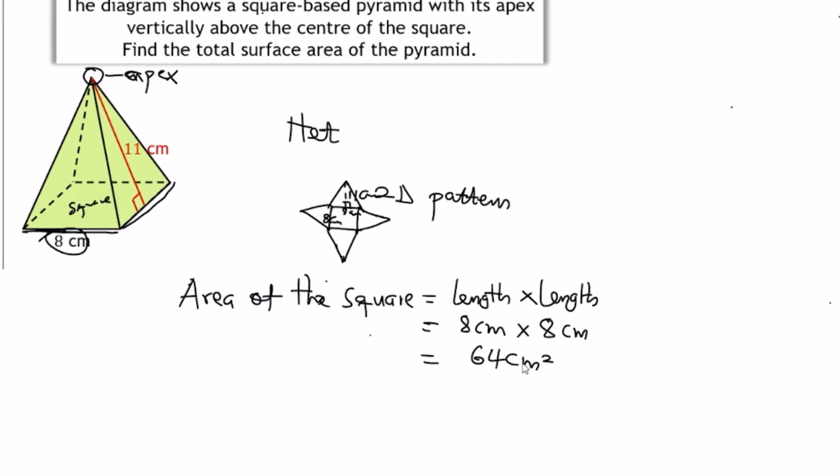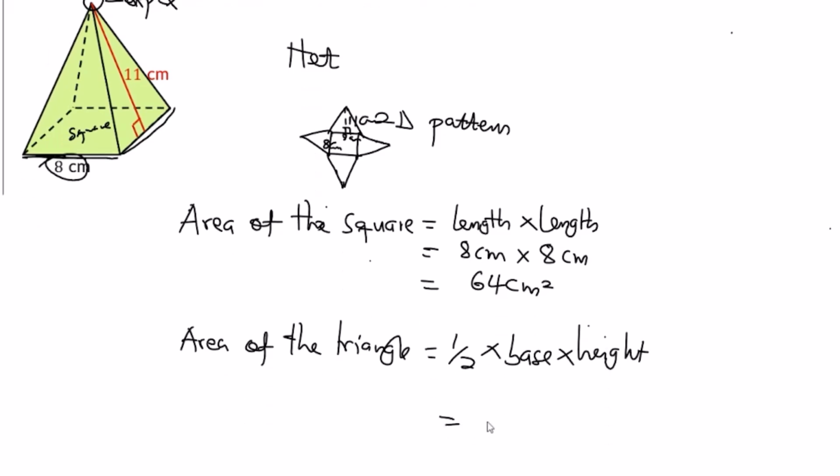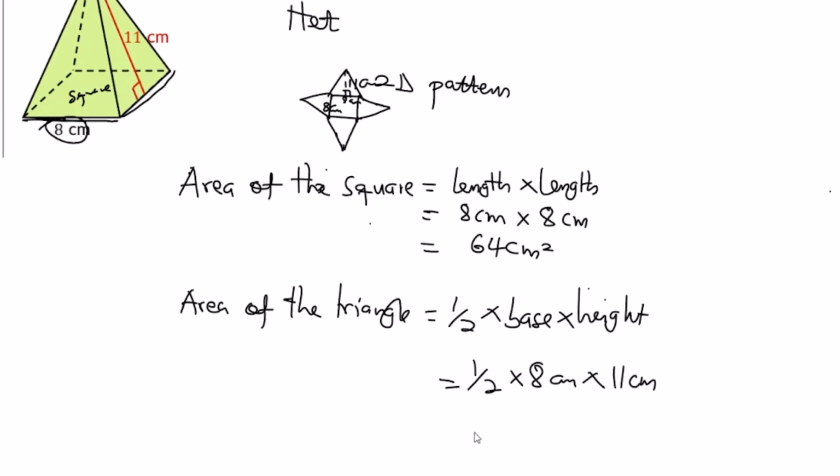Now the next thing to find is the area of one of the triangular faces. The area of a triangle is given as half times the base times the height. So in this case, the height of the triangle is given as 11 centimeters and the base is 8 centimeters. So half of 8 is 4, and 4 times 11 is 44.